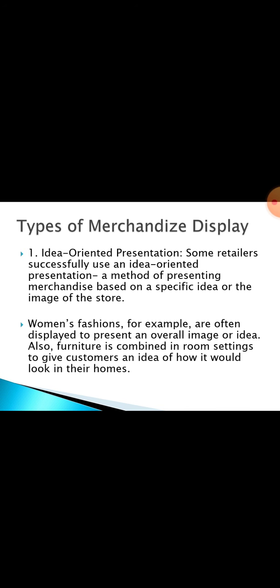There is an example as well, women's fashion. Along with the displays, they are creating a room setting just to provide the idea to the customers how the particular garment looks in your home. So you are presenting the idea to the customers.